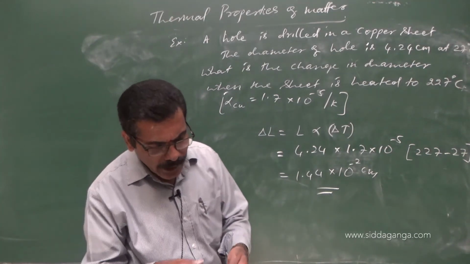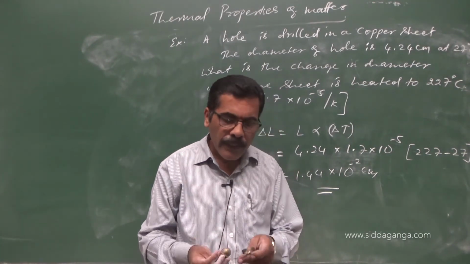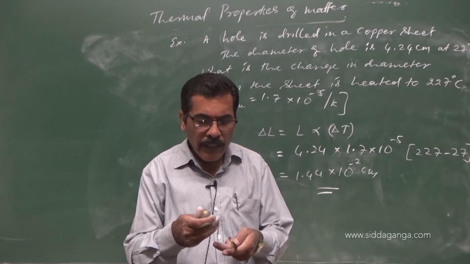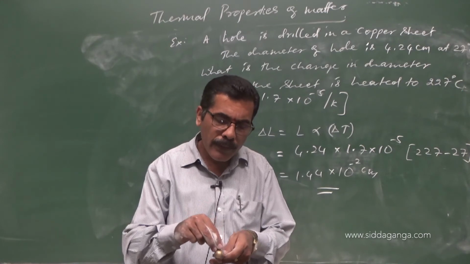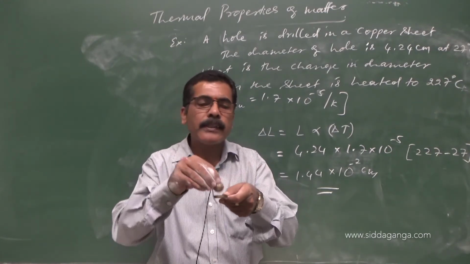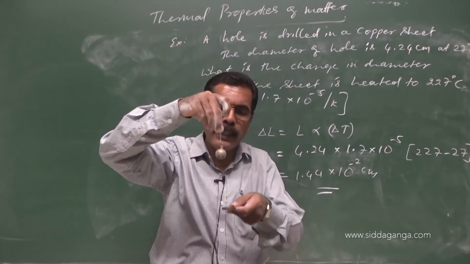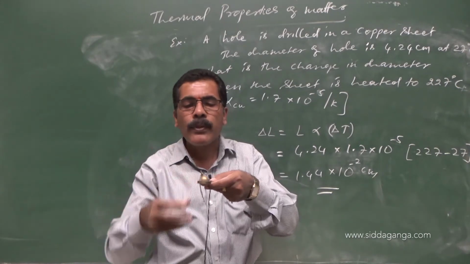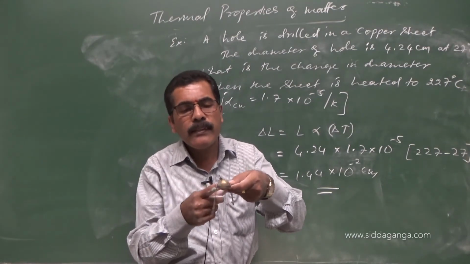I hope you have seen this ball and ring experiment in your high school. This is a ring attached to a small sphere. The sphere cannot get inside the ring easily. So what you have to do is heat the ring.